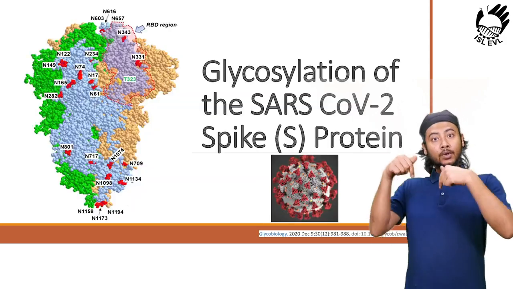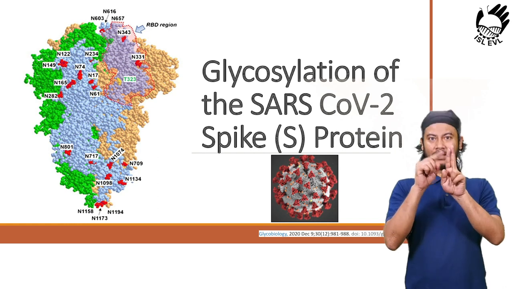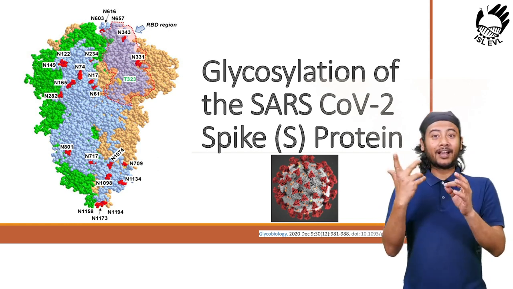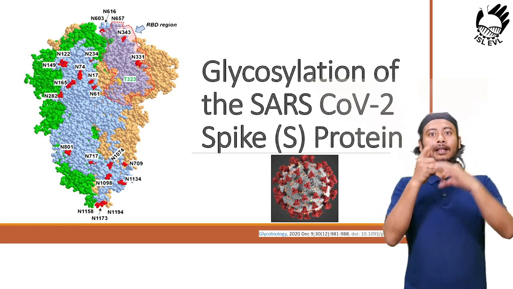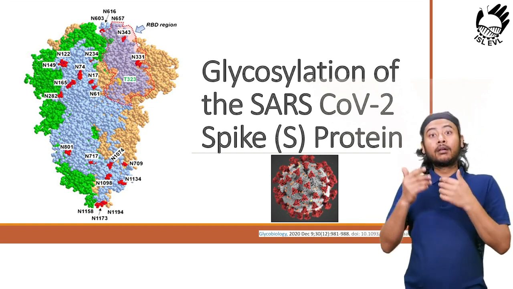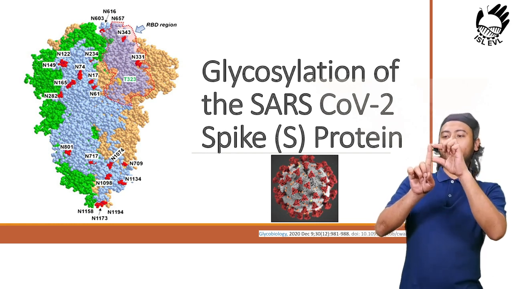So now focus on the spike protein of SARS-CoV-2. This is one of the most important proteins for the virus, since it provides access to host binding and host entry. There are two subunits for this spike protein, subunit 1 and subunit 2.